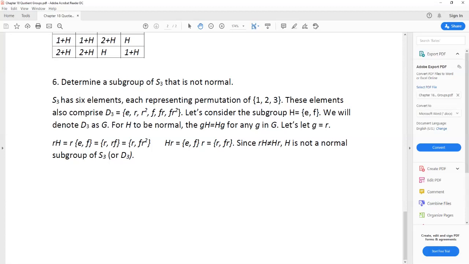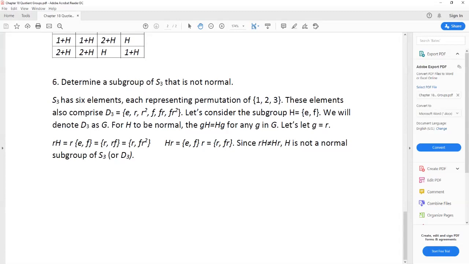Let's consider the subgroup H, which consists of the elements E and F. And we will let D sub 3 represent our group. We'll use G for that. For H to be normal, then gH would have to equal Hg for any g in G. So let's let R be an arbitrary element and see what happens with the left and right cosets.